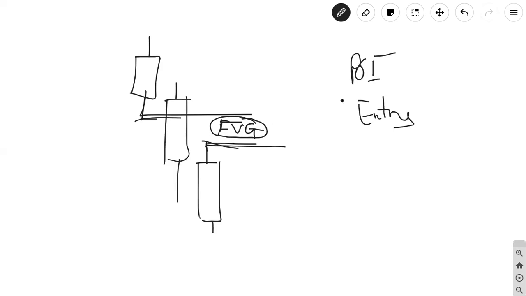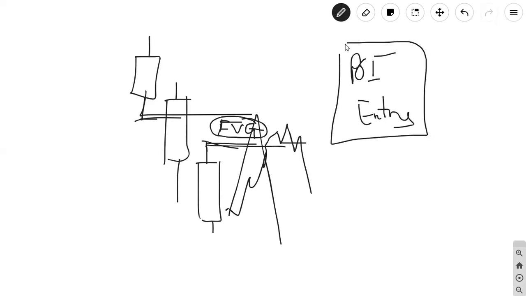Why do I say as POI? Because sometimes you may wait for the price to come into that fair value gap and create another scenario for you to use as entry, or you can use it as entry directly. So you can use this pattern as a POI or as an entry.